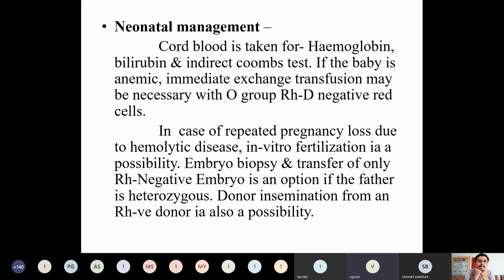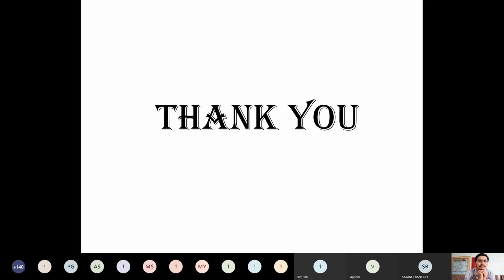Donor insemination from an Rh negative donor is also a possibility. These are in cases of high-risk pregnancy where there is multiple or repeated pregnancy loss: IVF, embryo biopsy and transfer of an Rh negative embryo, or donor insemination from an Rh negative donor should be thought of as a possibility in order to get a successful pregnancy.